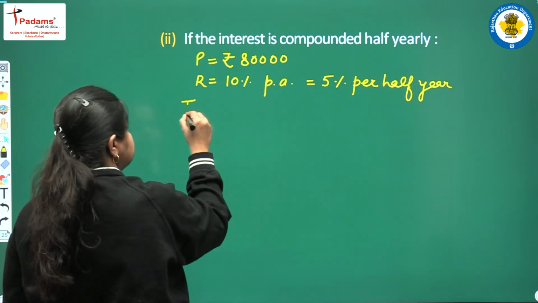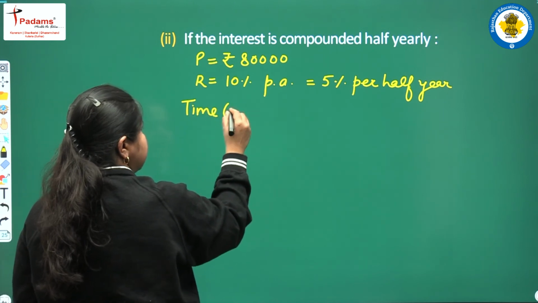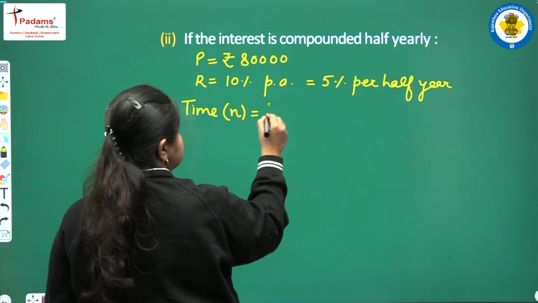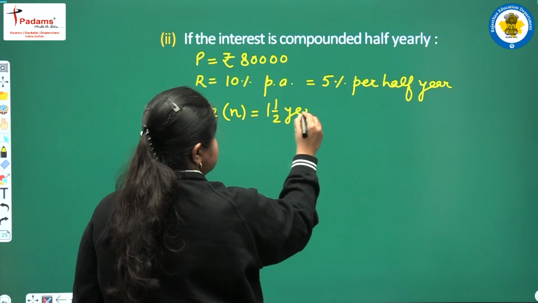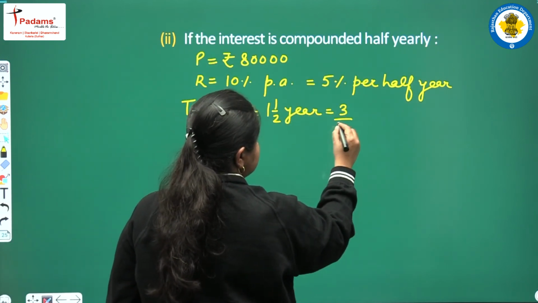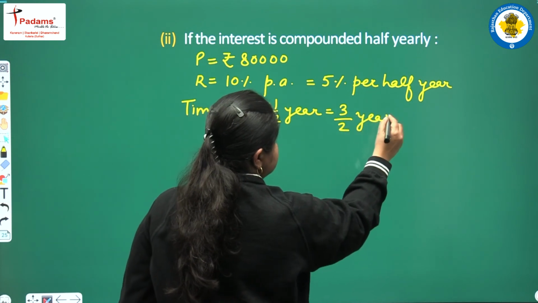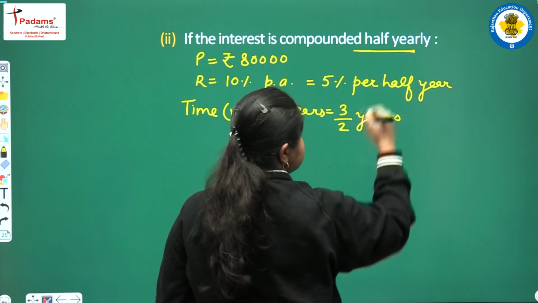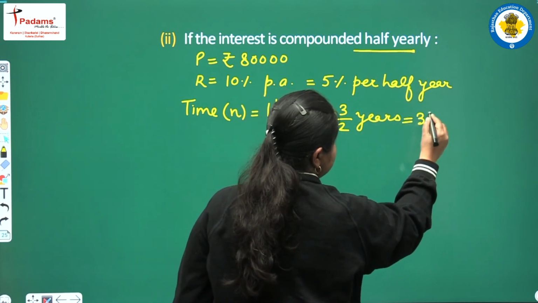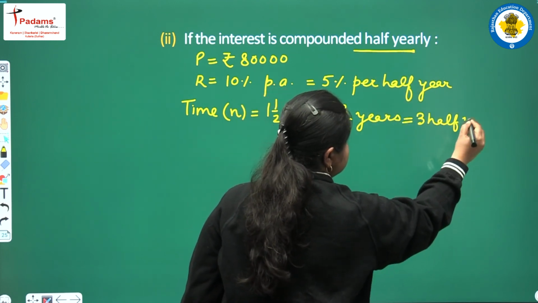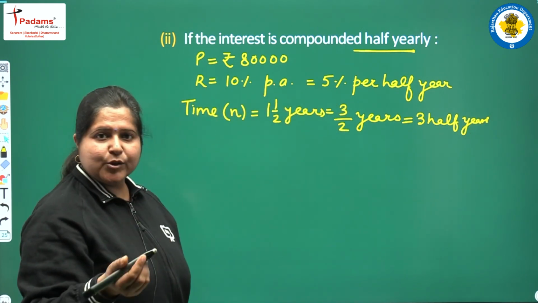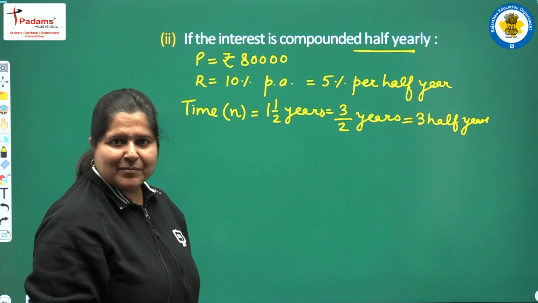And now the time, N, it is how much? Have a look, 1.5 year. This is 3/2 years. And for half yearly computation we get its double. Double कर लेंगे तो ये हो जाएंगे 3 years. ठीक है, 3/2 को 2 से मल्टीप्लाई करेंगे तो 2 से 2 कैंसिल हो जाएंगे और 3 बच जाएगा.